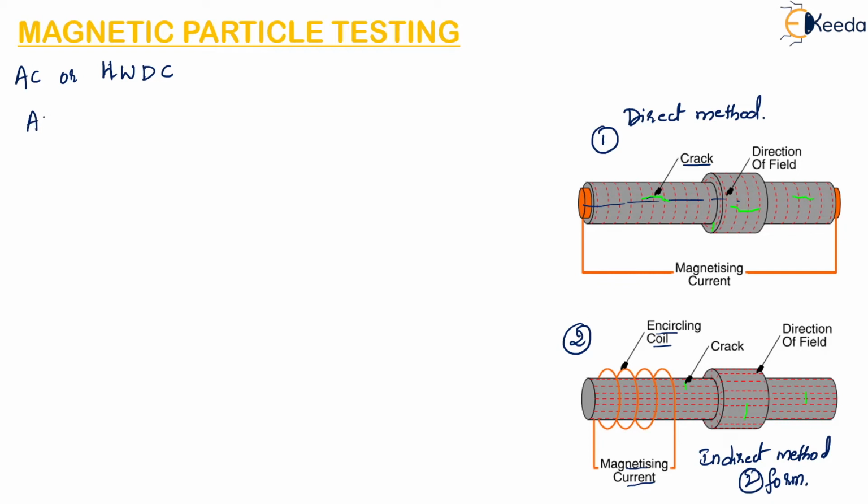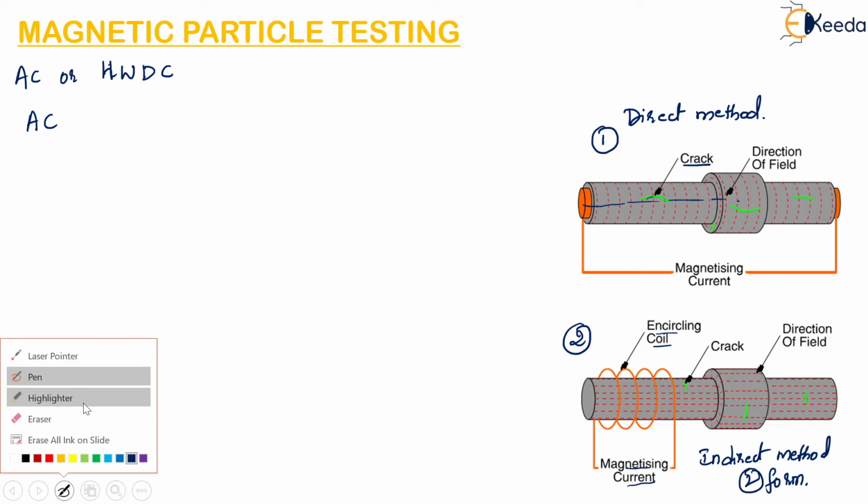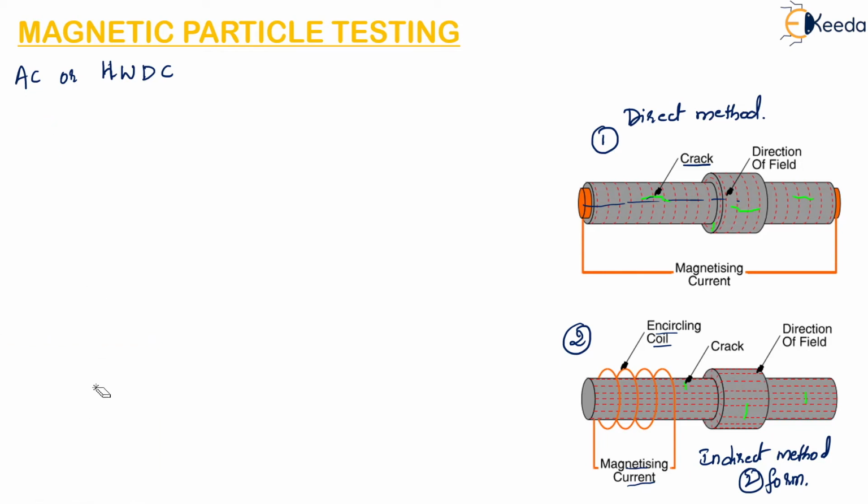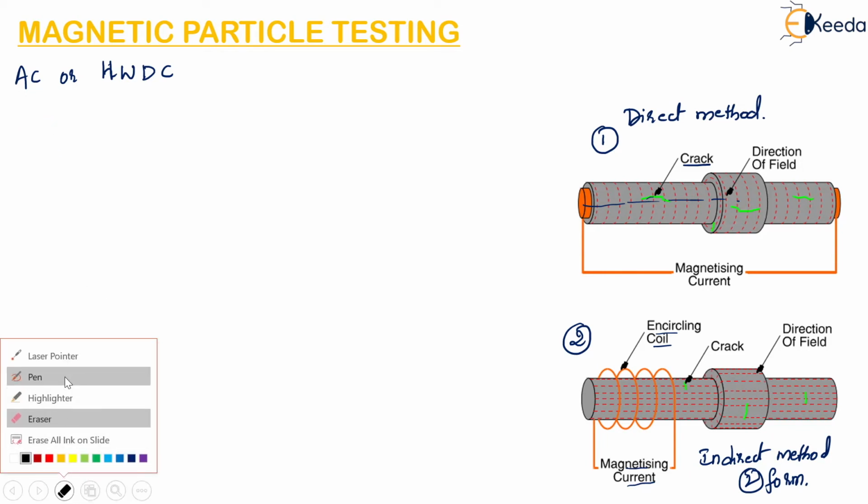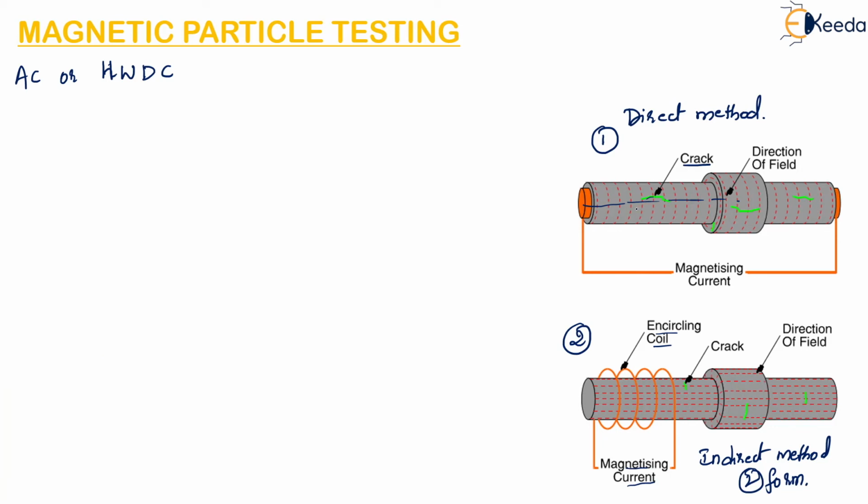So if we produce the magnetic flux using the AC current, the magnetic flux will not penetrate inside the component. So only the surface defects can be detected when we use the AC current.